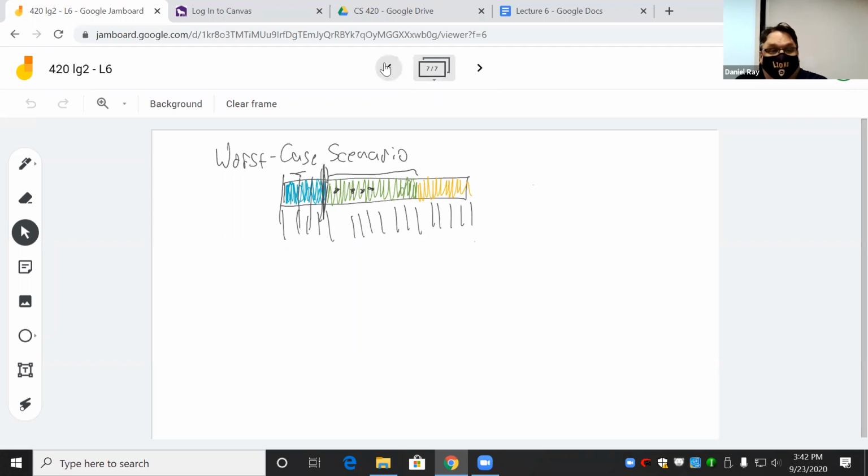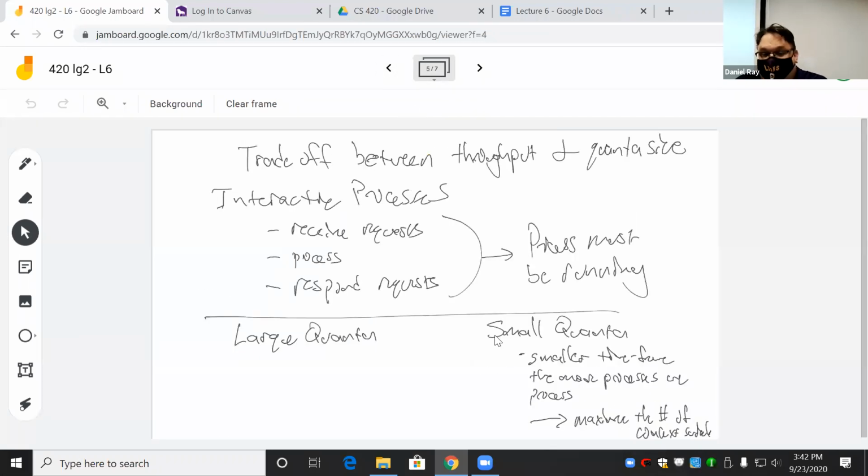Now, all I did was let you pick small quanta, and I don't think it's an irrational thing to say, hey, the smaller the quanta, it feels like the better off we're going to be. And I say that because had someone said large quanta first, right, we still would have had problems, okay?